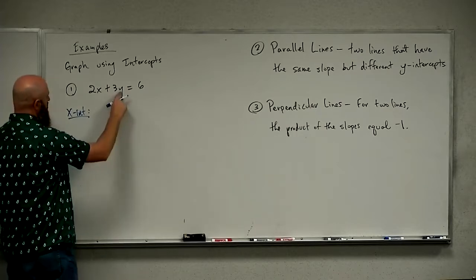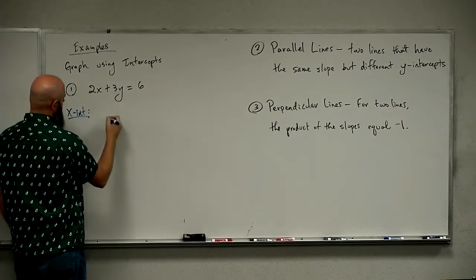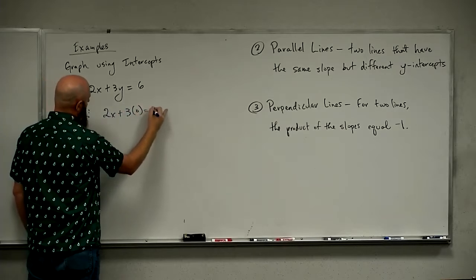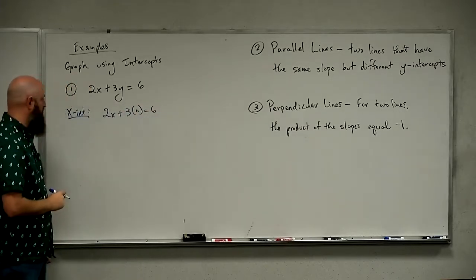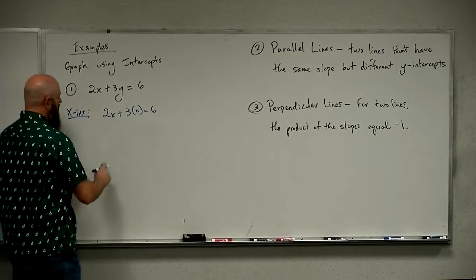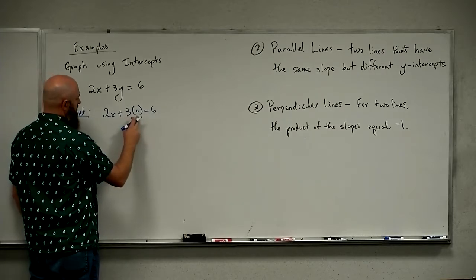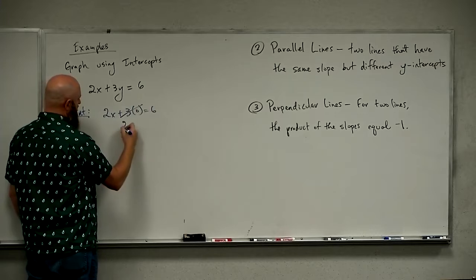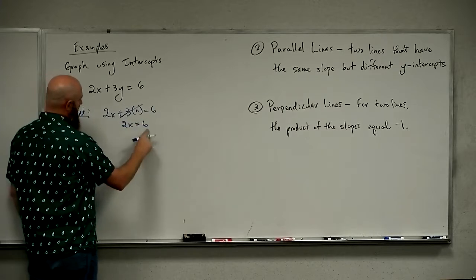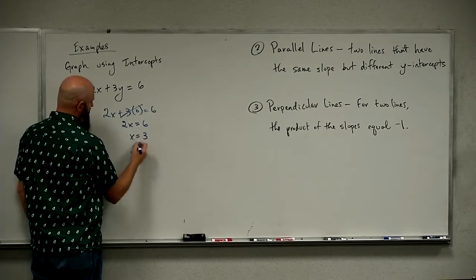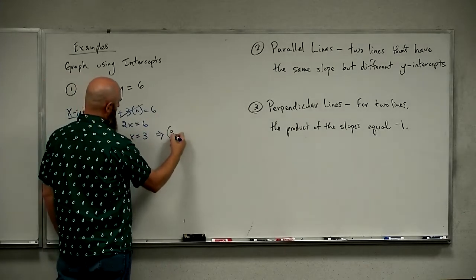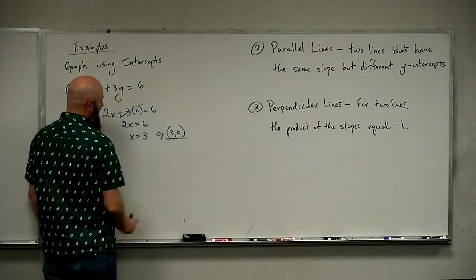So we're going to plug 0 in for this y. So we get 2x plus 3 times 0 equals 6. And then we're going to solve for our x value here. Well, 3 times 0 is 0, so that's just going to go away, leaving me with 2x equals 6. So we divide by 2, so x equals 3. So that gives me the ordered pair 3, 0 for my x-intercept.